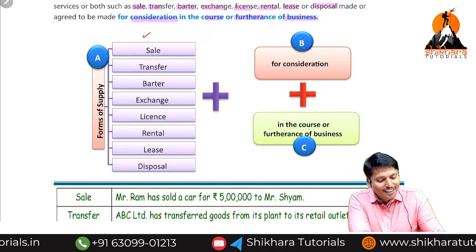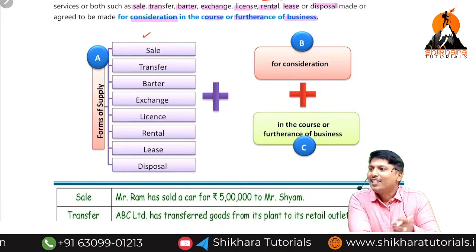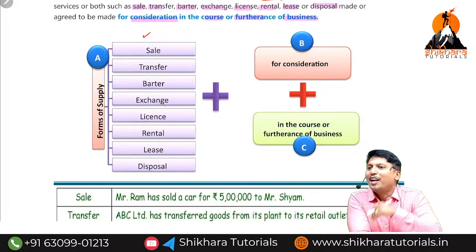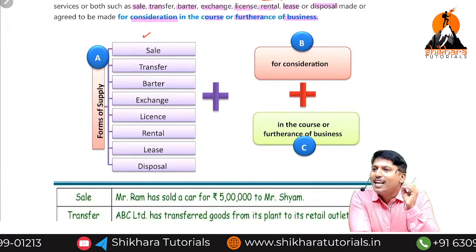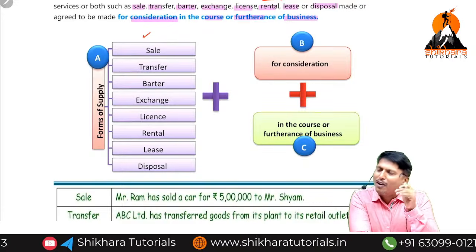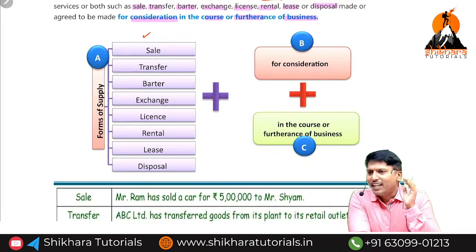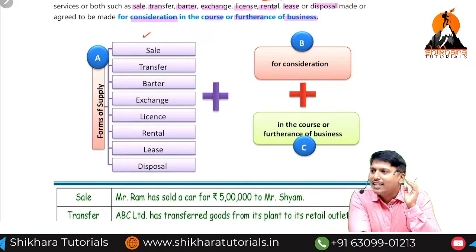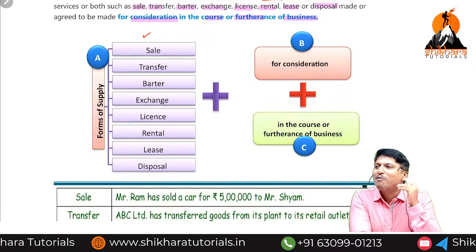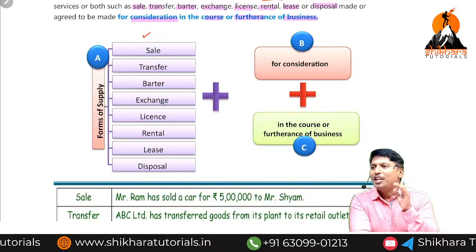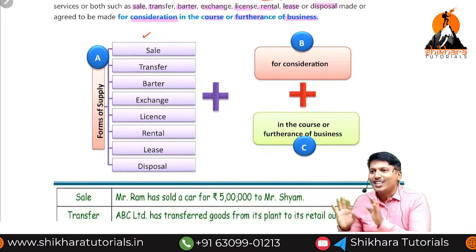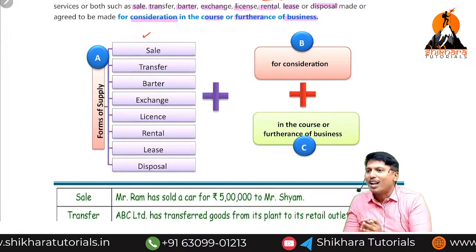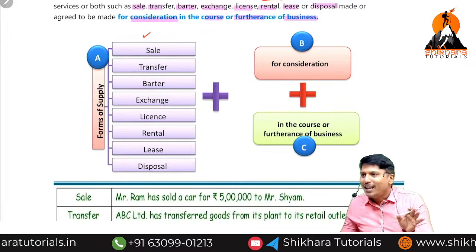Why? What does it say? All forms, either now existing or coming in future. All forms of sale are supply, whether it is a cash sale or a credit sale or an installment system, whatever it may be. Even if you purchase a mobile phone in EMIs, you need to pay GST. Even on credit, you need to pay GST.